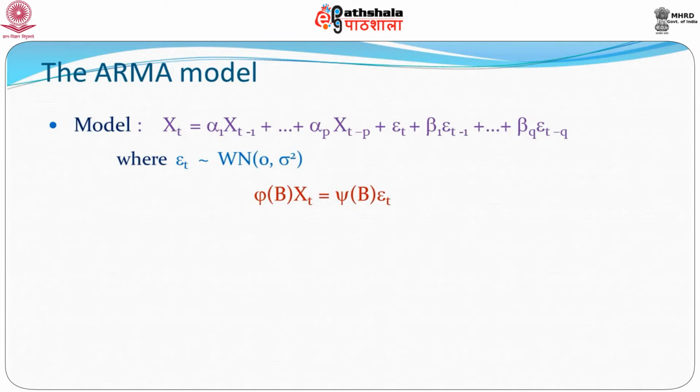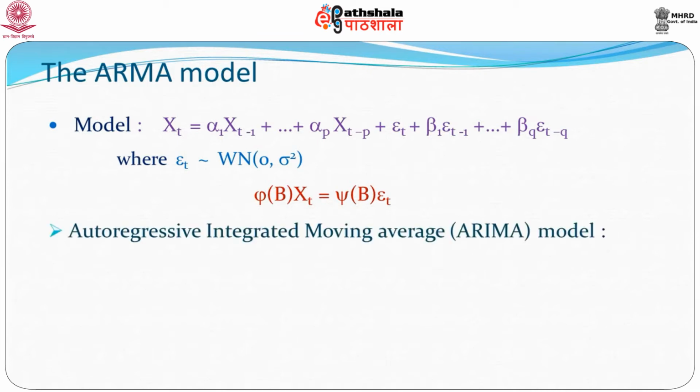The autoregressive integrated moving average model, or the ARIMA model, is just a variant of the ARMA model, where you add on the differencing factor (1 minus B) to the power of d. So, if you have a trend, then this differencing would reduce the trend into a stationary component, and then you fit an ARMA model to it.